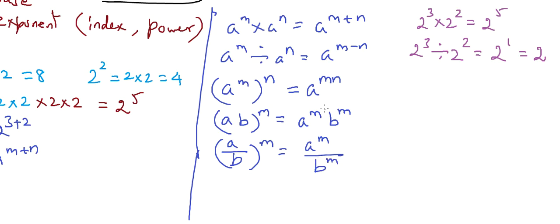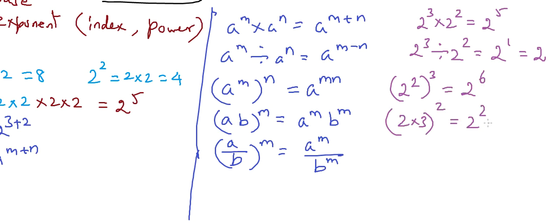Now some examples. a power m whole power n: for example, 2 power 2 whole power 3 is equal to 2 power 2 into 3, 2 into 3 is 6. Then a b: for example, 2 into 3 whole power 2 is equal to 2 power 2 into 3 power 2.